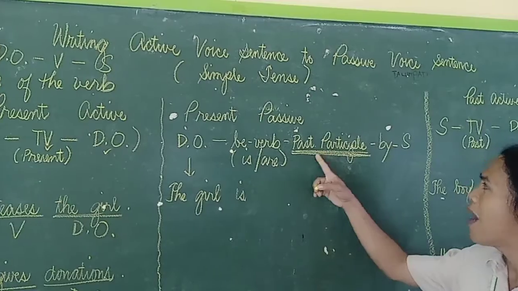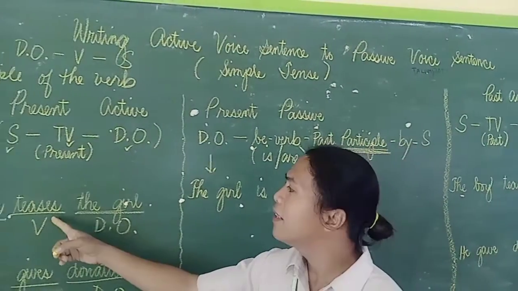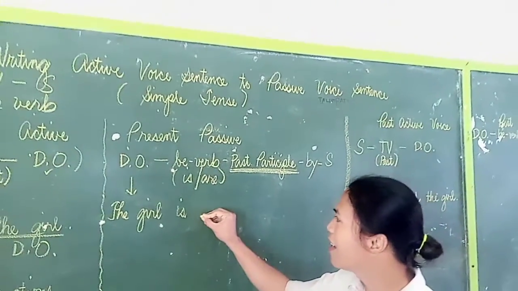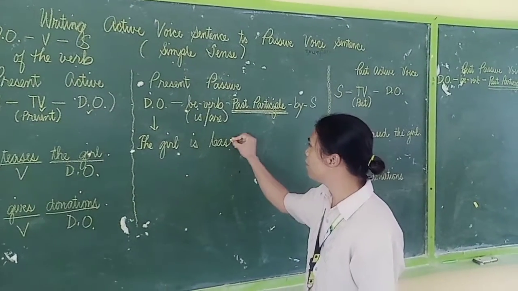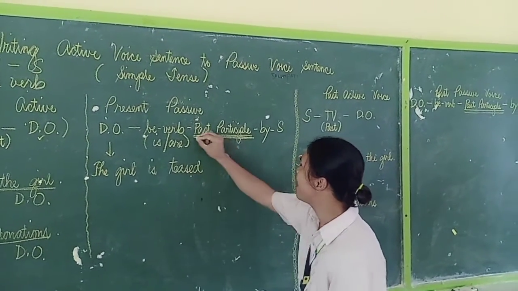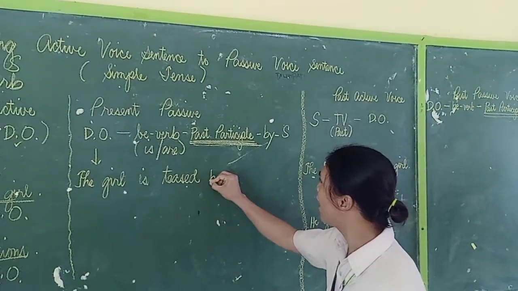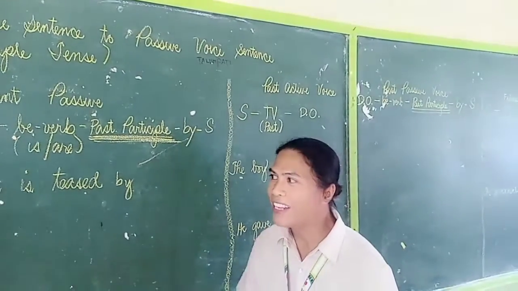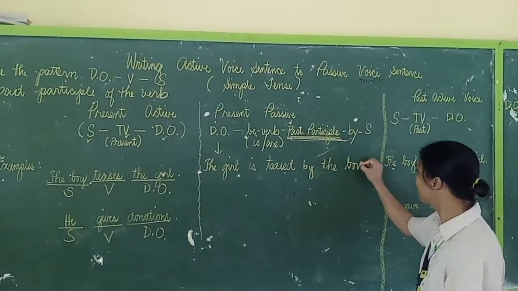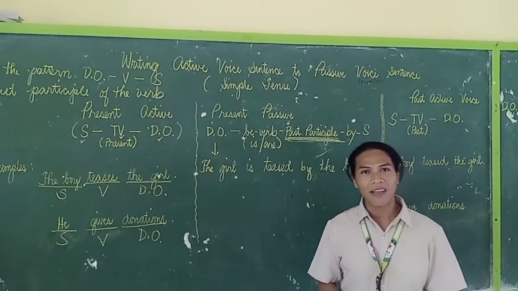Okay, what about the past participle of tease? So it should be, okay, the past participle of tease is teased. Okay, next, followed by, and your subject, the boy. Easy or difficult?